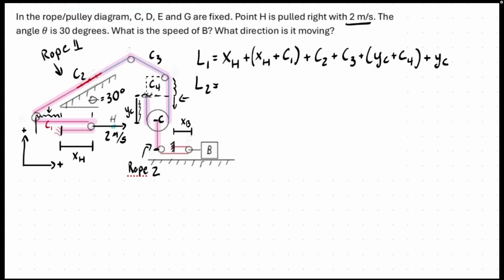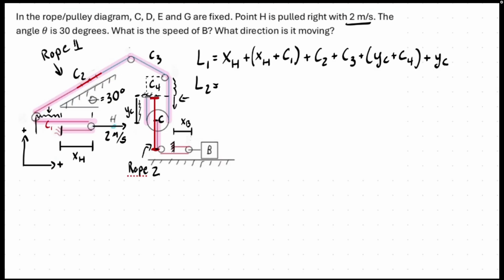This fixed point can be related with this fixed point up here. Let me use a different color so it's explicit. So this fixed point up here and this fixed point down here can be connected, so this is a constant value. This is never going to change because these two points are fixed. But this YC that's inside it is changing.